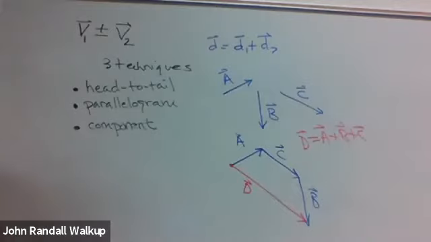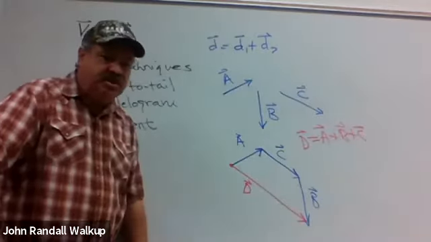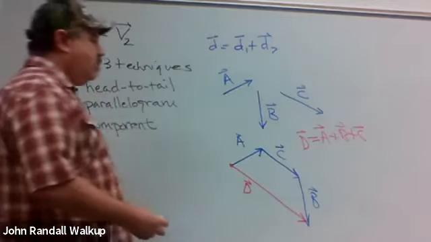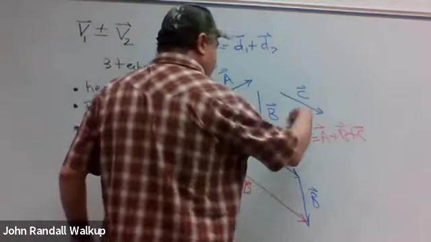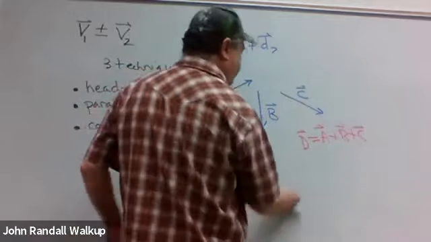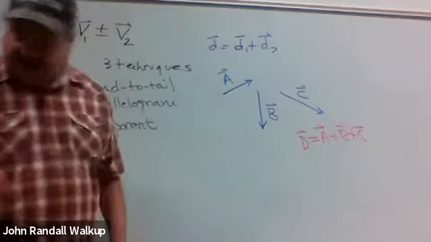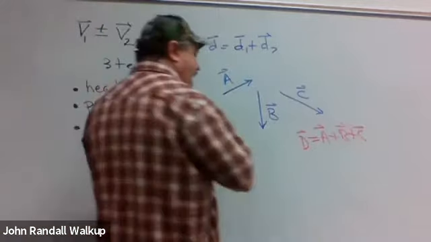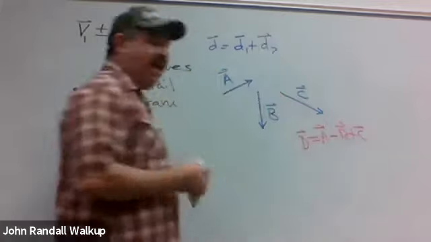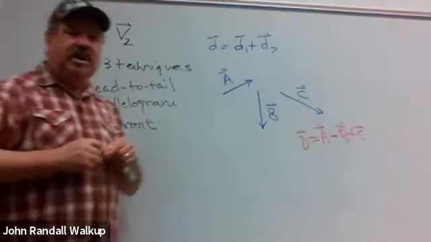Now, what about this vector subtraction? Okay, so what I'm going to do is I'm going to do the same problem. But suppose that I was asked to take D equal A minus B plus C. Oh, shoot, how do we do that?